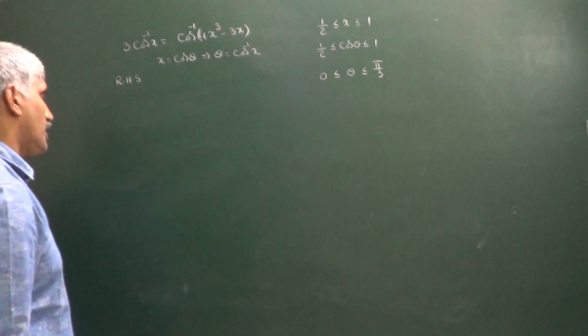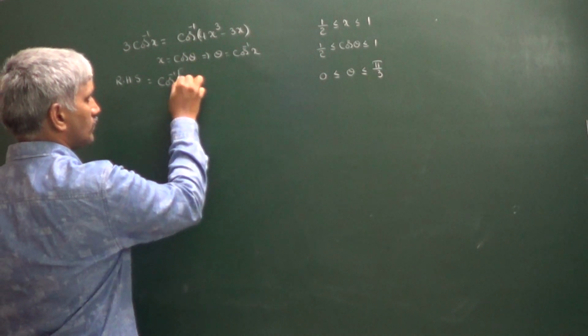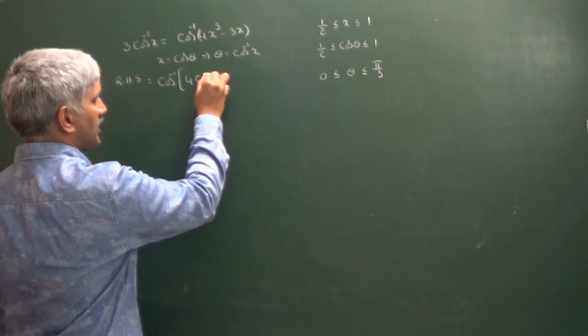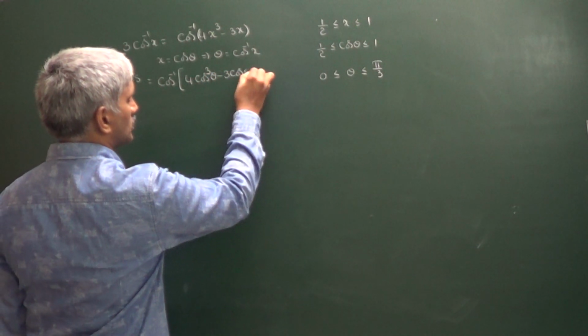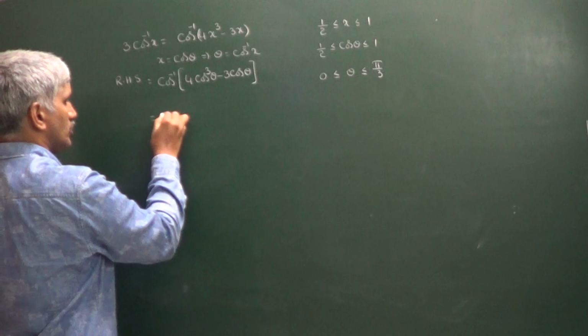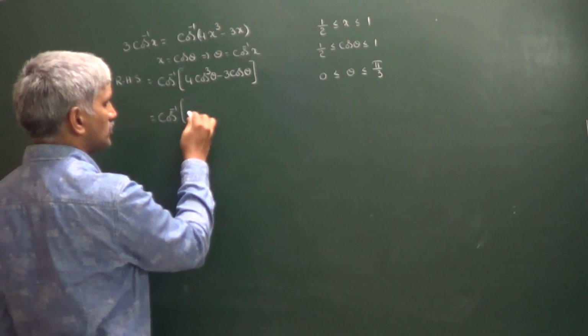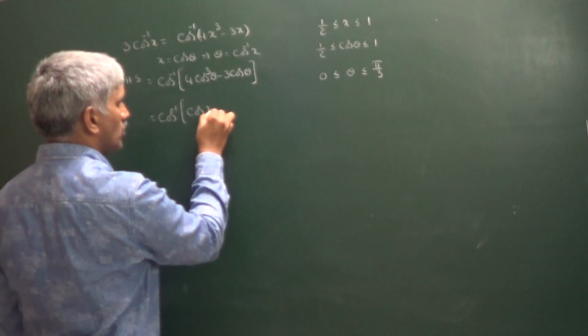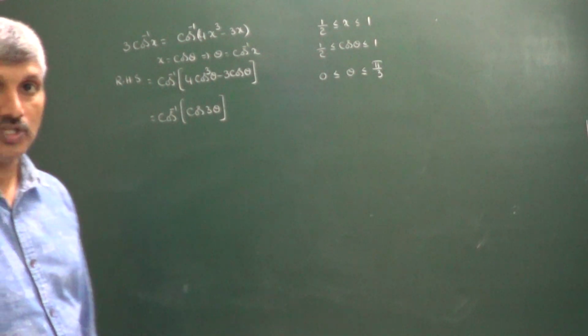Very good. Right hand side is equal to cos inverse of, in place of x we are writing cos theta, 4 cos cube theta minus 3 cos theta. Now this is equal to cos inverse of 4 cos cube theta minus 3 cos theta, which is cos 3 theta. But what about 3 theta?